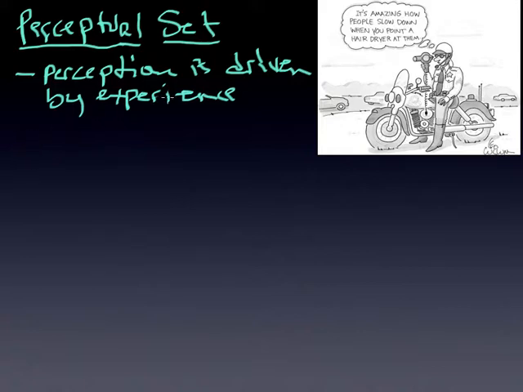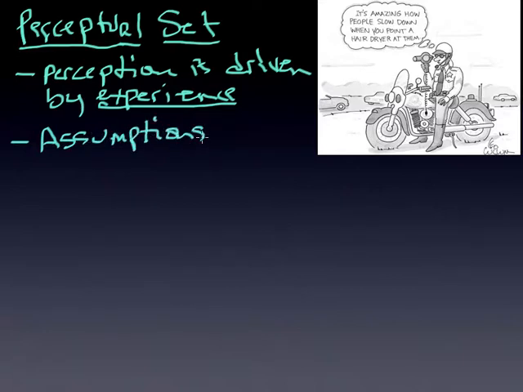Now, how do we define this experience? And usually, it's assumptions based on contextual cues that drive that along. There's also the whole idea of beliefs, what I believe to be true about a particular situation. So these things are what define this experience and impact what we quote-unquote see.